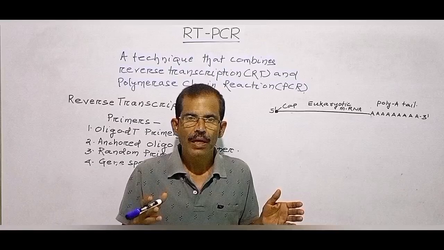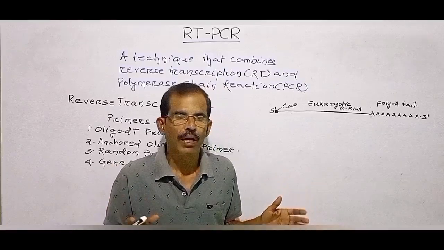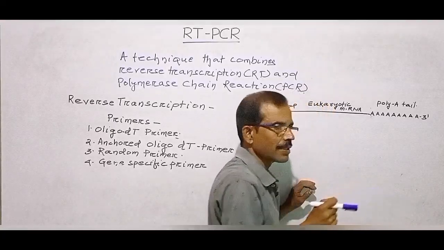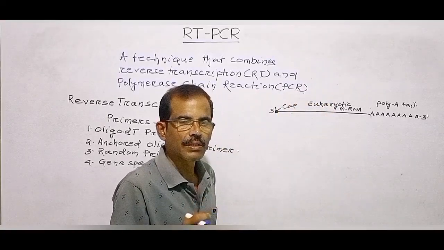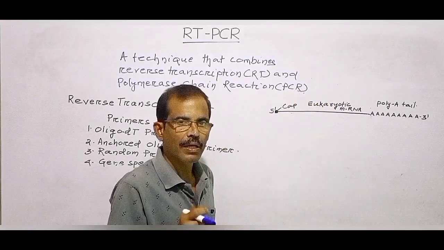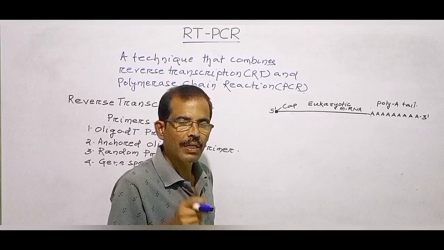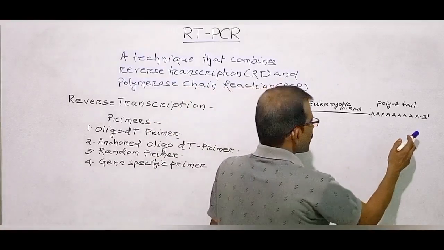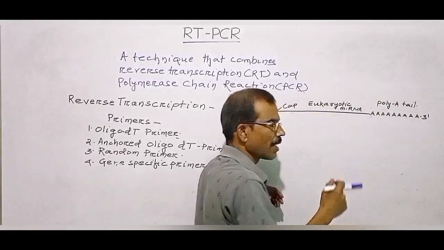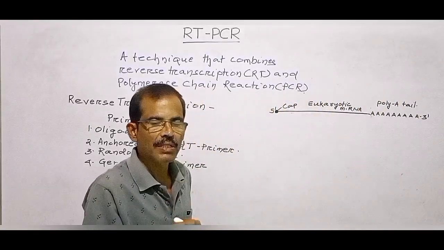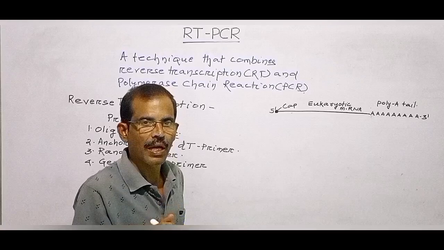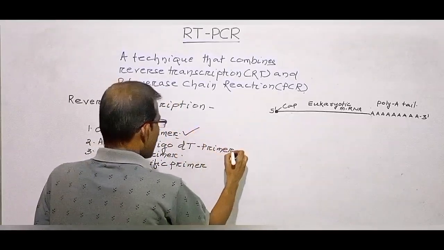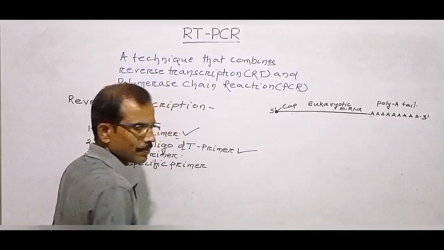Eukaryotic mRNA is characterized by the presence of a poly-A tail at the 3' end. Poly-A tail is a sequence of RNA containing only adenylic acid residues. All such RNAs containing poly-A tail can be reverse transcribed into cDNA by using oligo-dT primer and anchored oligo-dT primer.